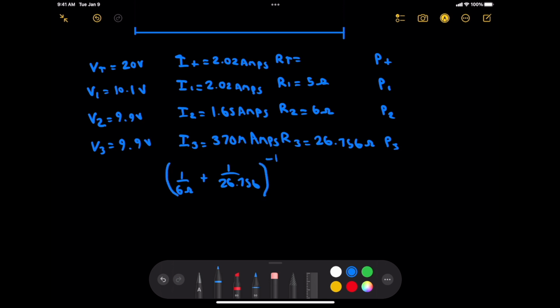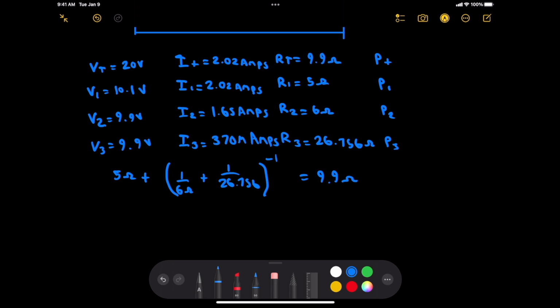So if we do that and then add 5 ohms, that should equal RT. So let's do that. That's going to be equal to 9.90. Well, let's just do 9.9 ohms for RT.